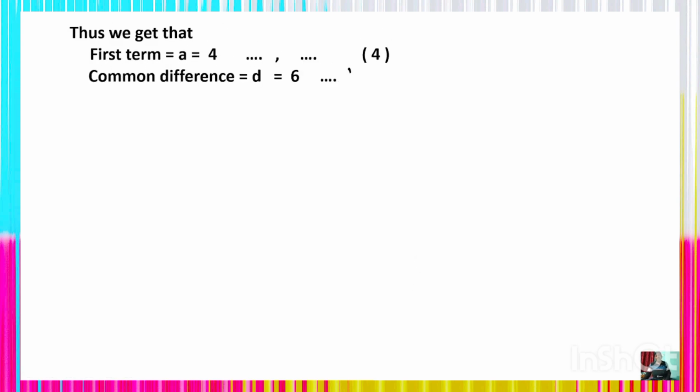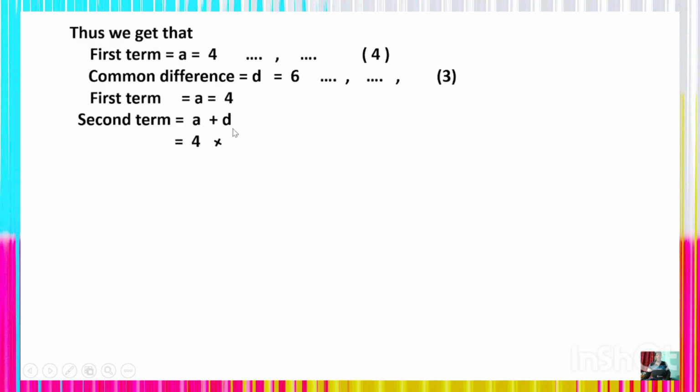Thus we get that the first term A is equal to 4, common difference D is equal to 6. The second term is A plus D, which is 4 plus 6, which is 10, right? You have to make an AP. First term A is equal to 4, and the common difference you already got. Now you have to make an arithmetic progression.